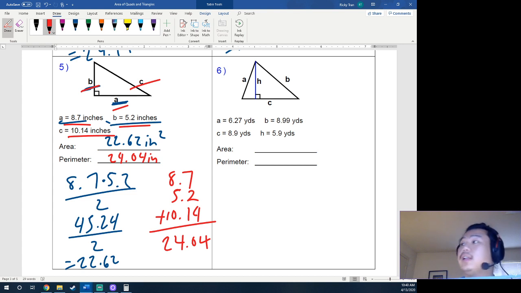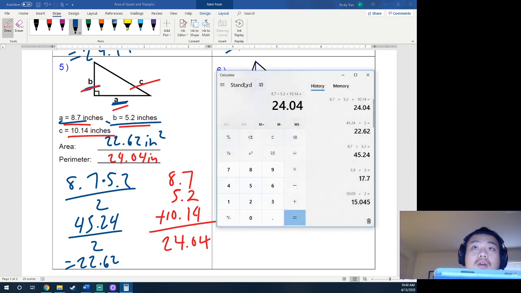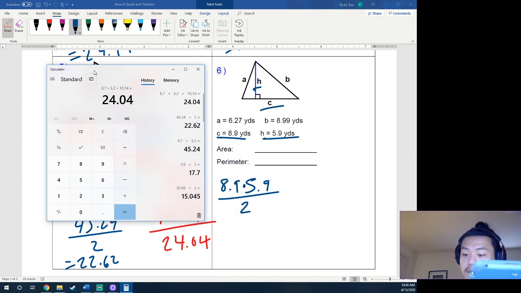All right. And last question, number 6. Same thing. We have base times height, which is C times H, 8.9 times 5.9 over 2. So 8.9 times 5.9. Oops, I did add. 8.9 times 5.9.